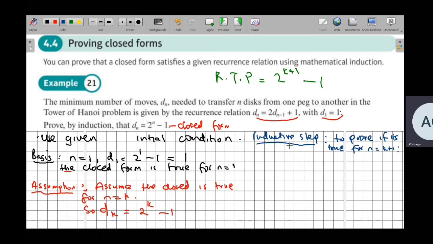So what do we do now? We take n as k plus 1 and place it in this recurrence relation, and see if it reduces to this point. So we're going to have d, where there is n here, I'm placing k plus 1. Then 2, where there is n, I'm placing k plus 1. So if there is n minus 1 here, if you put k plus 1, what does it become?